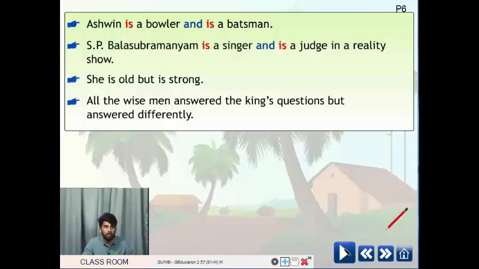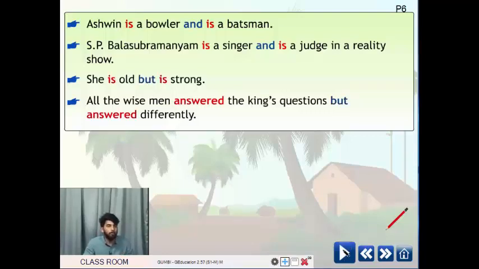simple sentences. So in all these sentences we have one connector, right? One conjunction. So Ashwin is a bowler and is a batsman. S.P. Balasubramaniam is a singer and is a judge in a reality show. She is old but is strong.